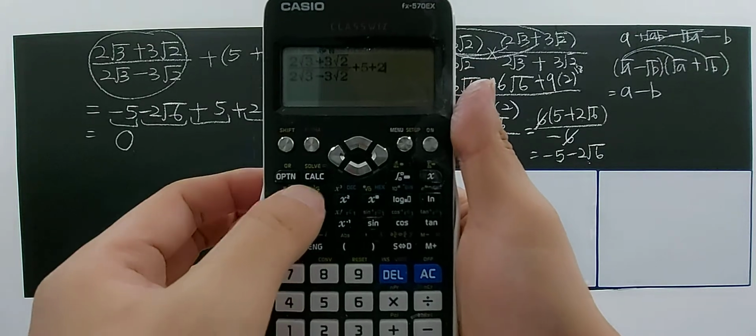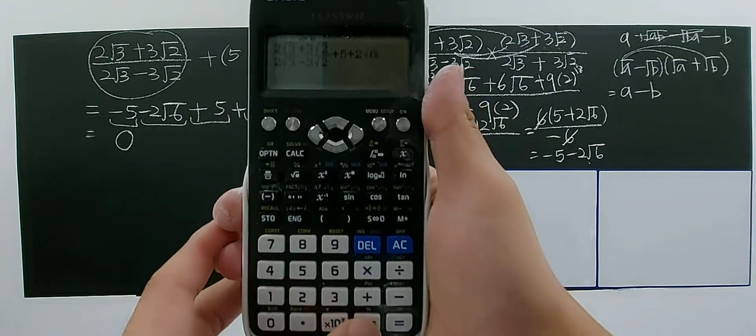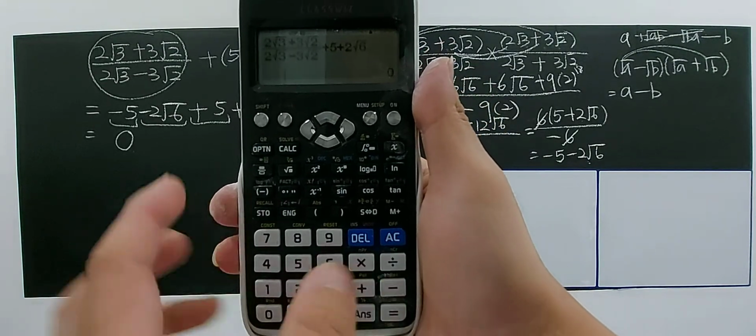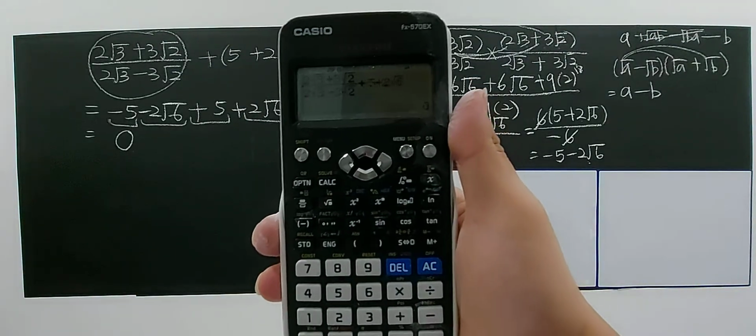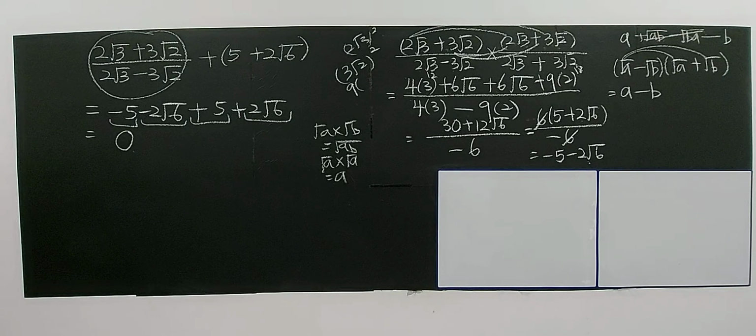Pressing equal, you get 0. So you can confirm that your answer is correct. Alright, this is the way you simplify a surd.